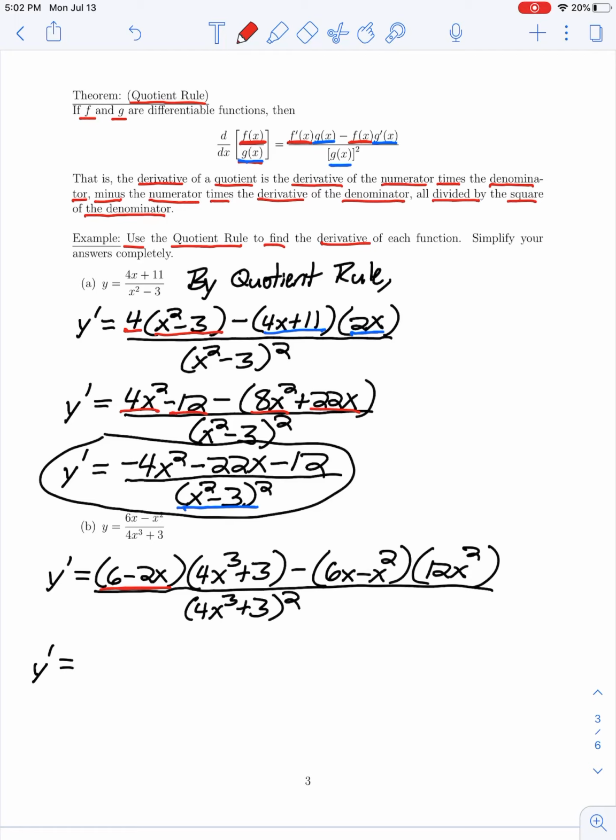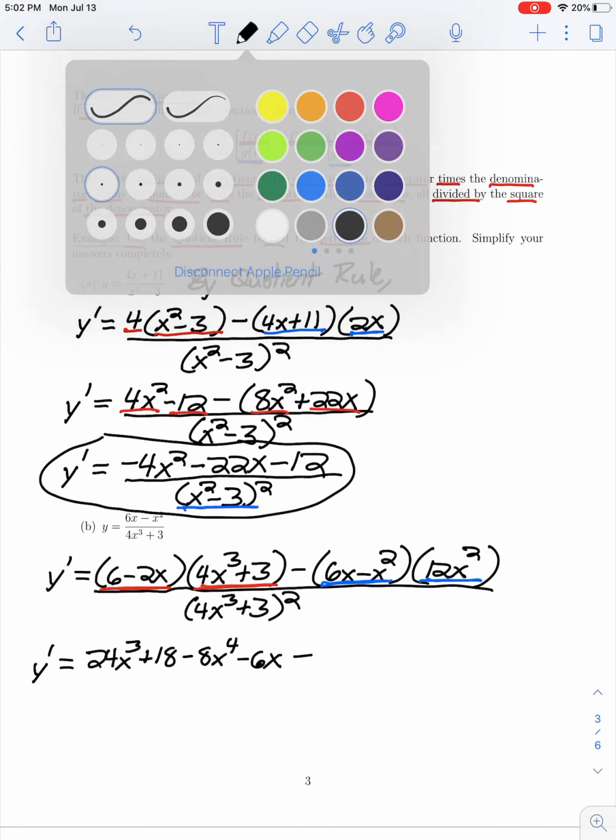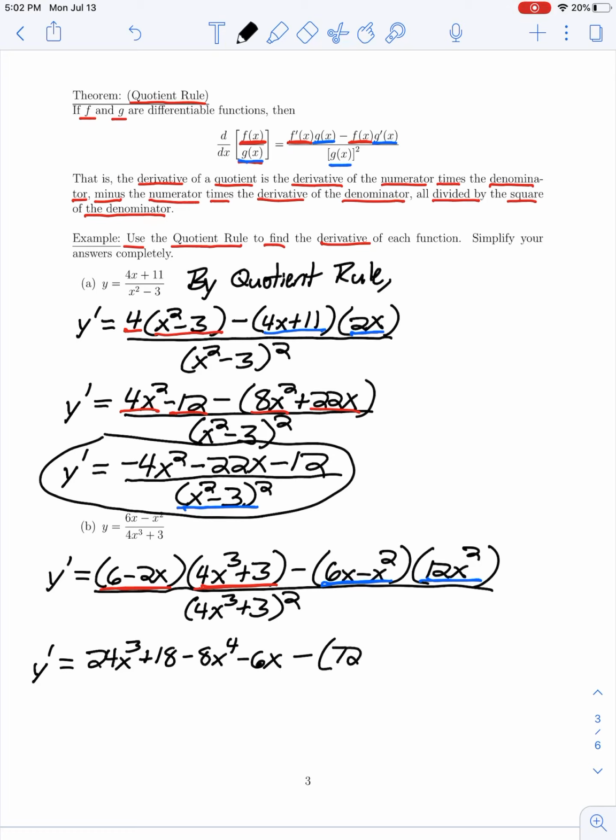So if we expand the product of these two polynomials in our numerator, we have a 24x cubed plus 18 minus 8x to the fourth minus 6x, and then we are subtracting, if we distribute the 12x squared through to this polynomial, we are subtracting the quantity 72x cubed minus 12x to the fourth.